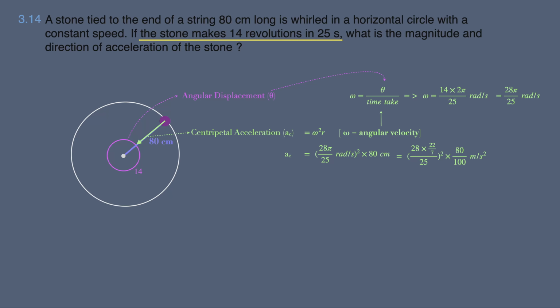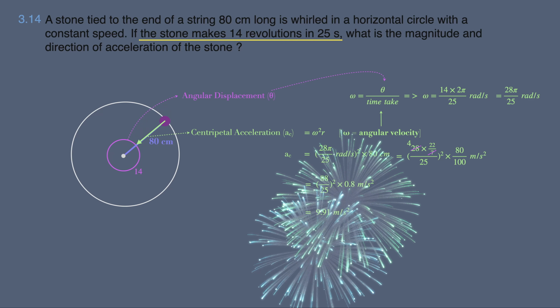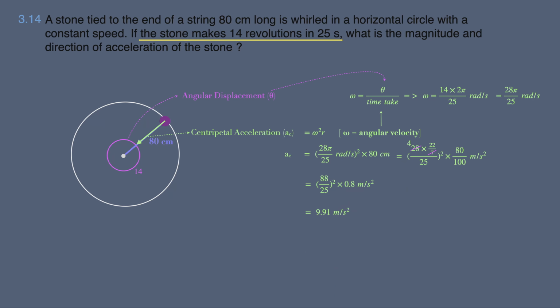We can divide 28 by 7 to get 4. Therefore, a_c equals (88 pi by 25) whole squared multiplied by 0.8. And on solving this, we get approximately 9.9 meters per second squared. So, we have found the magnitude of acceleration. It is approximately 9.9 meters per second squared.